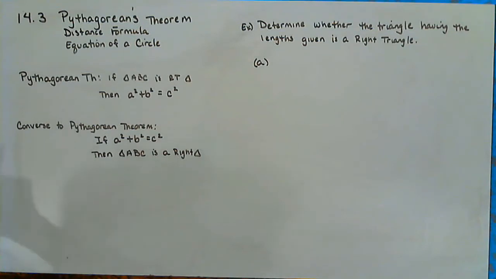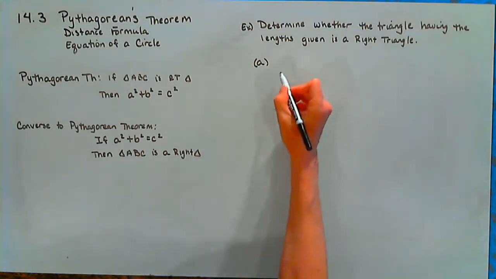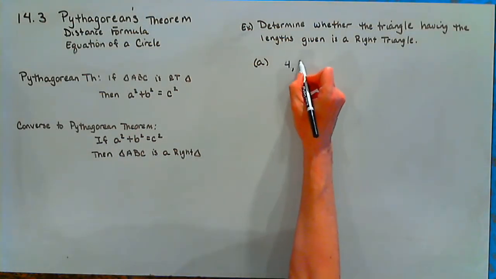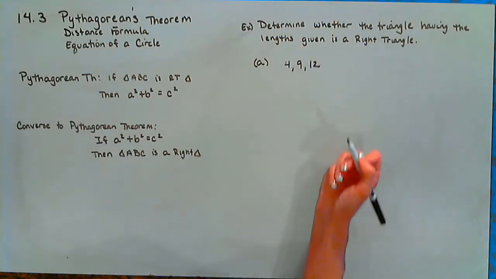All right. So the first triangle we're going to take a look at has sides 4, 9, and 12.